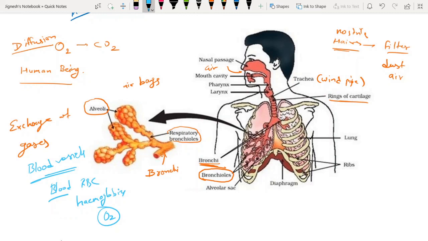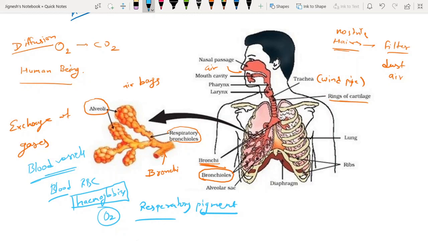In human beings, the respiratory pigment is hemoglobin. Hemoglobin, dear students, is a respiratory pigment. Now this pigment has a vital role to play over here.